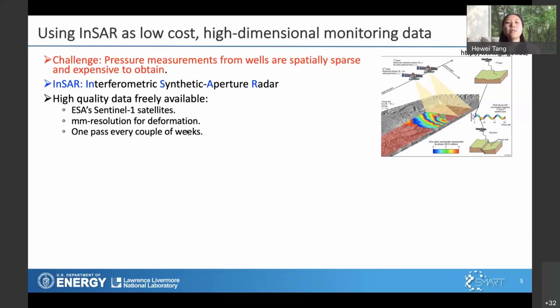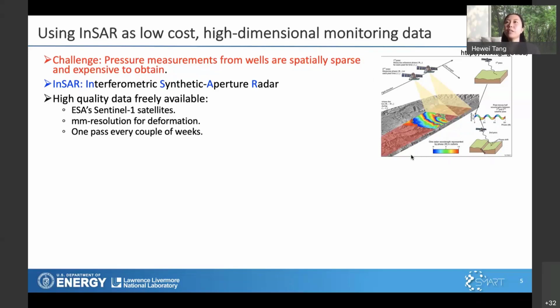So we are thinking whether we can use InSAR as low-cost, high-dimensional monitoring data. The InSAR data are typically collected from satellites, and they are usually freely available. And by interpolating the phase measurements from InSAR during two passes at the same location, we can get the surface deformation at millimeter resolution.